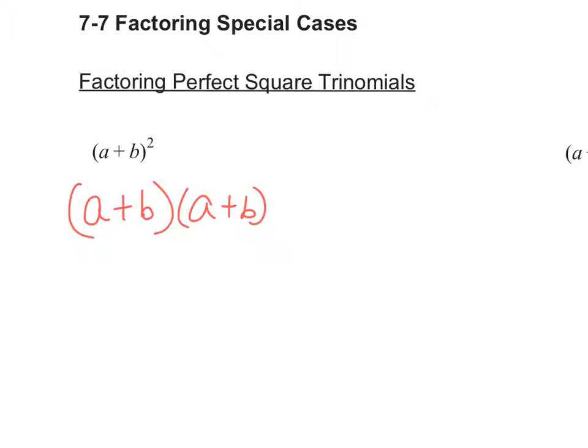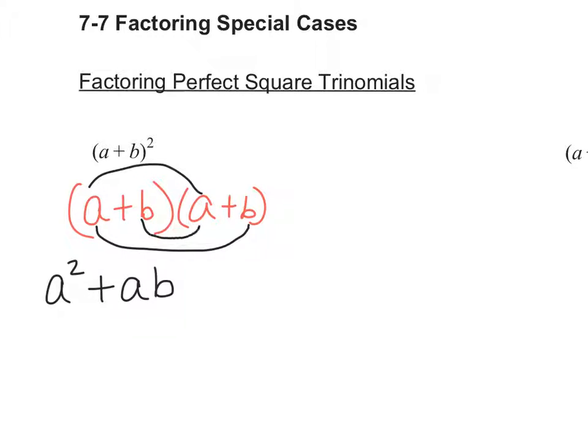All right, so let's FOIL this. So a times a is a squared. A times b is ab, so plus ab. Inside, b times a, ba, or if I wanted to write it in alphabetical order, ab.